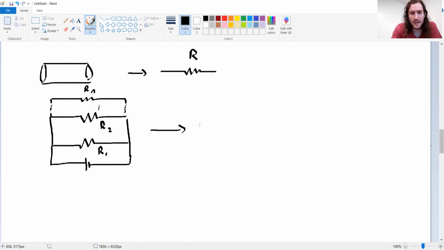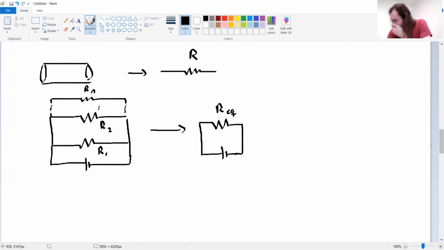So if I were to replace all N of these resistors with an Req, again, they would have the identical voltage source here, but this Req is now representative of all N of these resistors. Okay.